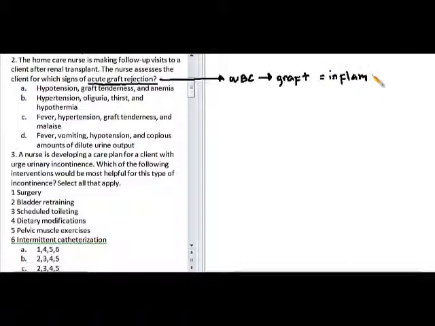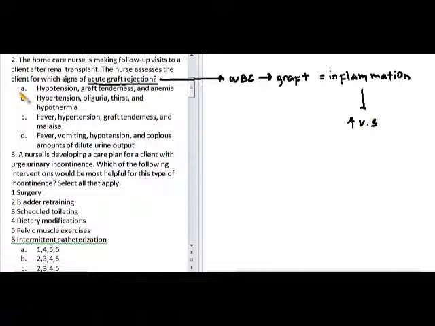Okay? And when there's inflammation, we all know that your vital signs are elevated because this is graft rejection. So the inflammation may be more systemic than local. So let's find options that have increased inflammation.